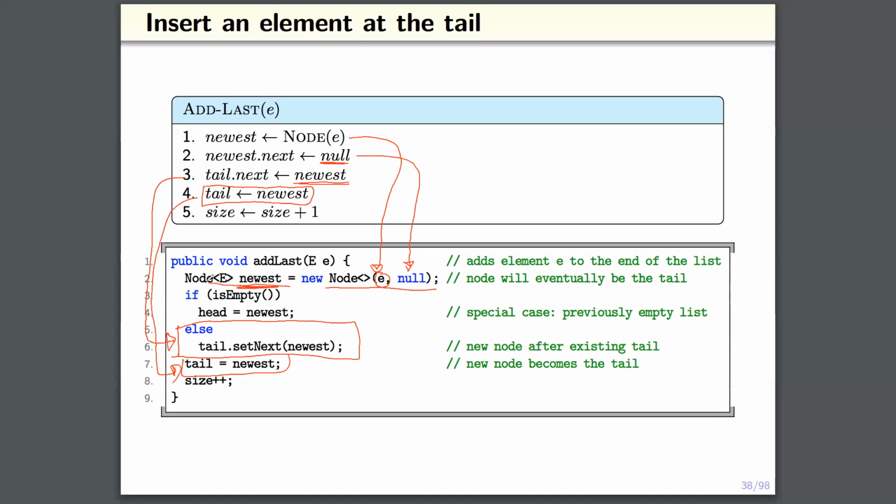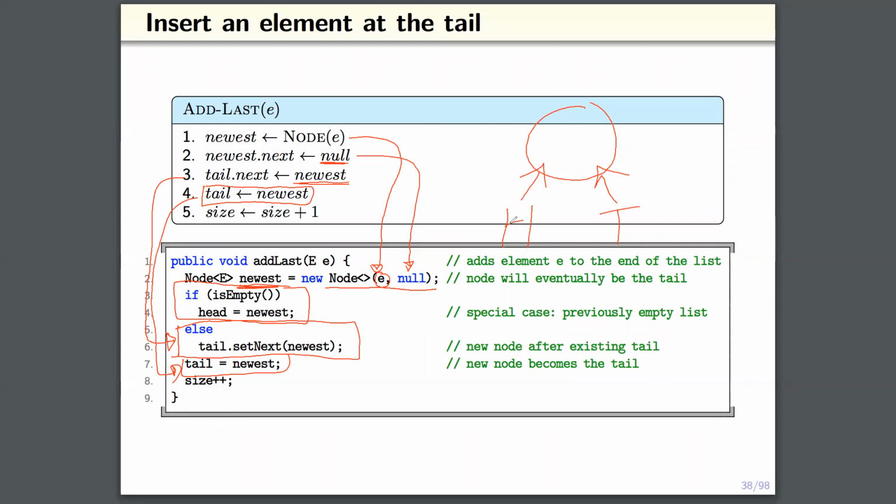What about this corner case? Let's think about it for a moment, right? Suppose there is no list and you want to add a node. Suppose you added that node. What happens? Head is your newest, tail is your newest, right?